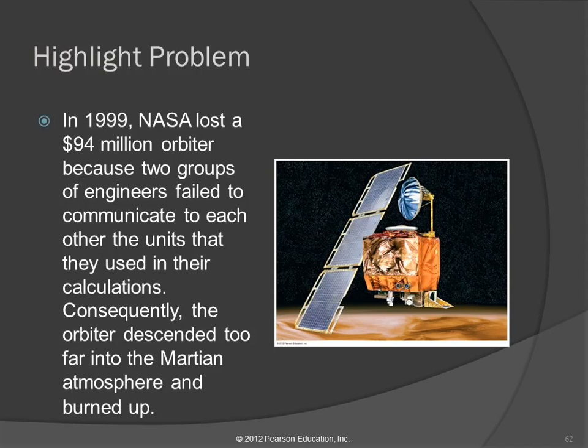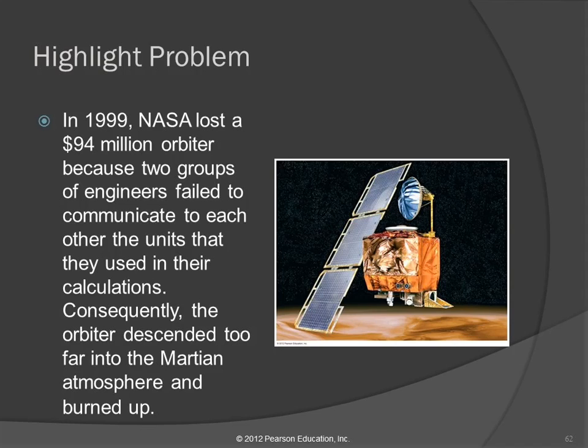1999, I know that was a long time ago. NASA lost a $94 million orbiter because 2 groups of engineers didn't communicate about what units they were using. One group was using centimeters, one was using inches.